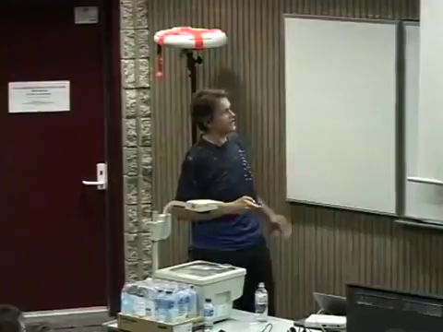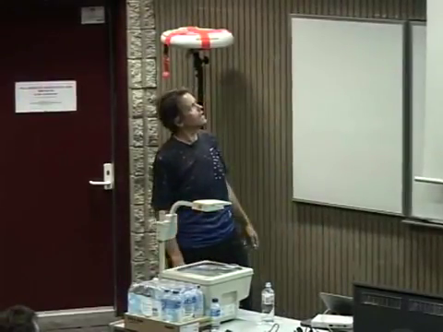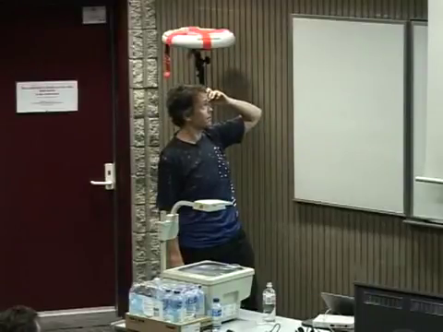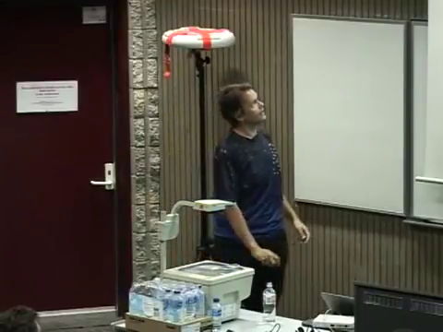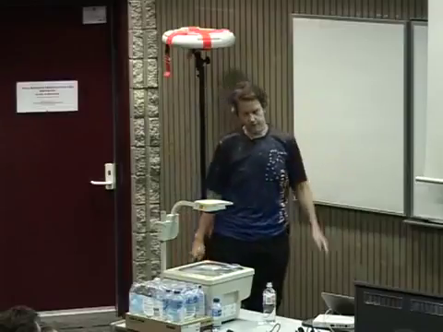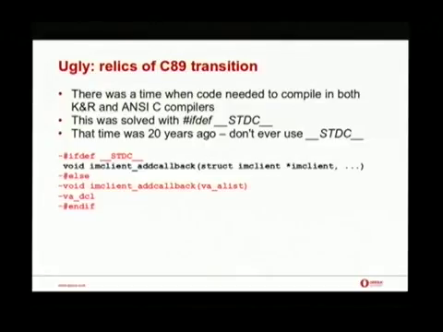I'm actually kind of surprised that's still legal in compilers. It's so ugly, so wrong. Same thing applies to varargs.h. I found several of these. They're dead now. Other relics of the K&R C to C89 transition: ifdef STDC, there's no reason to do that. Seriously, that was 20 years ago. Just don't.